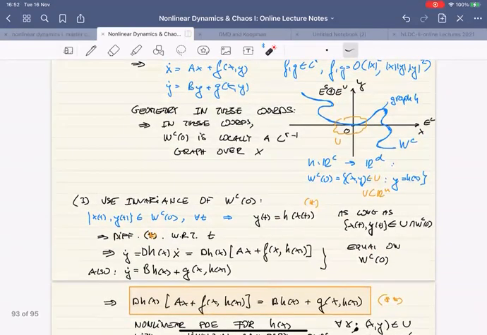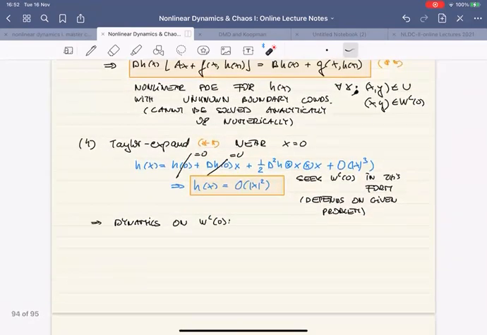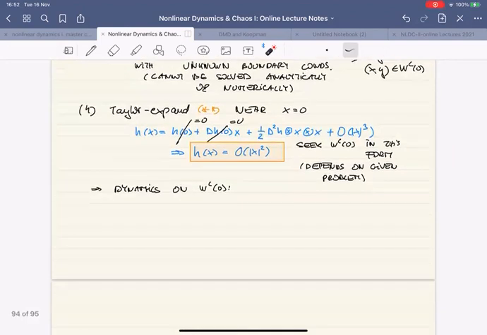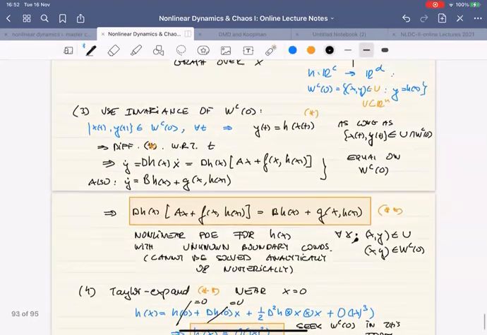Because what we're doing is we're approximating this curve locally, right? With something like this. And depending on how close you want to get to it, you use higher and higher polynomial extensions. But assuming that you perform that extension according to your needs, once you have that expansion, you can reduce the dynamics to the center manifold.